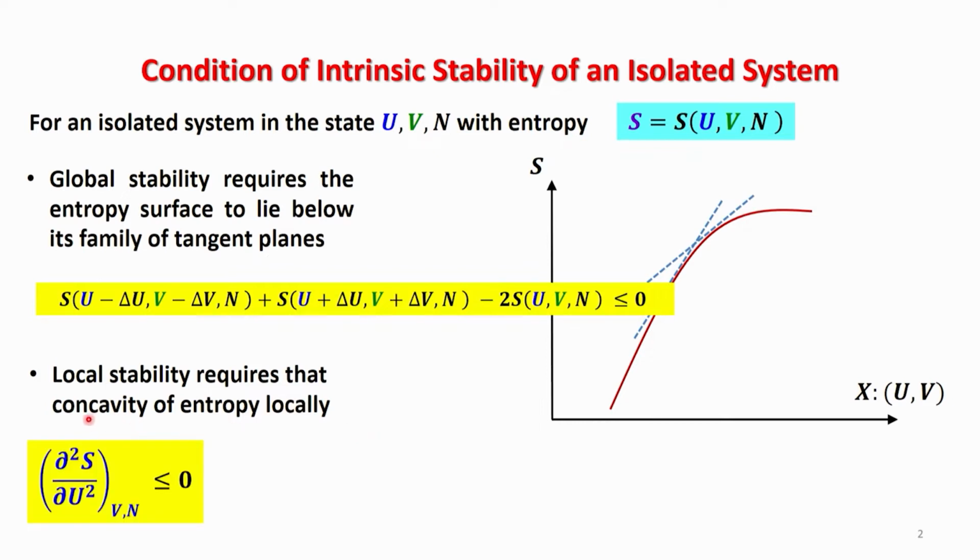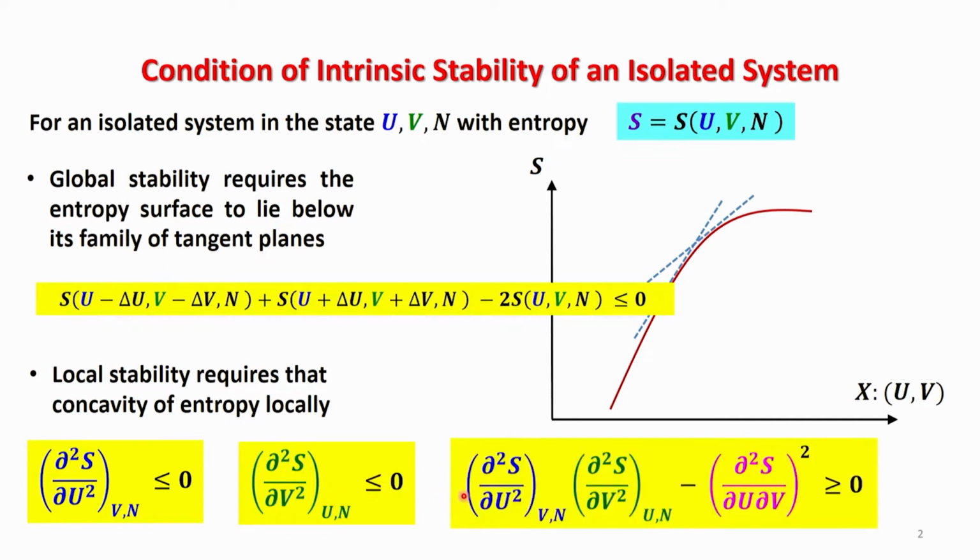So, if I have a concave surface locally, in that case the second derivative of s with respect to the variable like u should be negative. Similarly, del square s del v square should also be negative, and I understand that under the same condition this particular condition should also be satisfied.